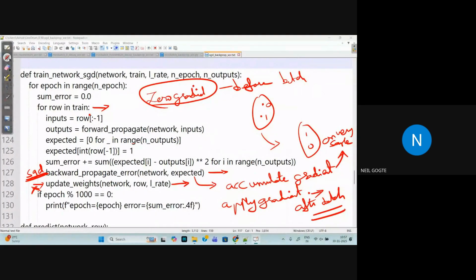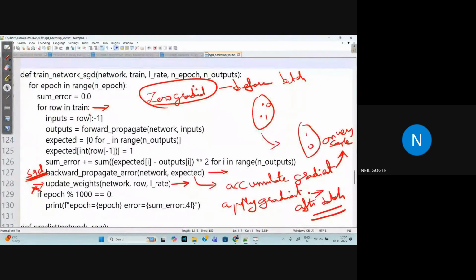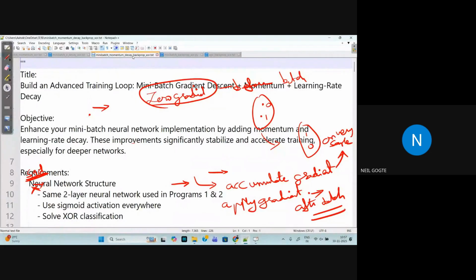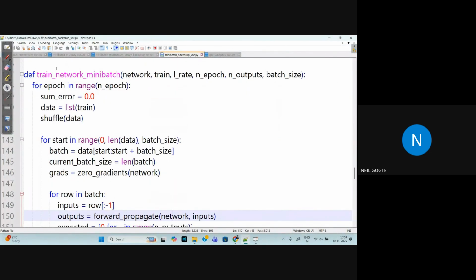Okay, so now I'm going to show you the code which we saw last class, and hope that it is very familiar. The way we generated this code, we didn't write it. We asked ChatGPT to give us a code with mini batch and all the other changes. Let's look at this code and try to get the difference between this code and the previous code.